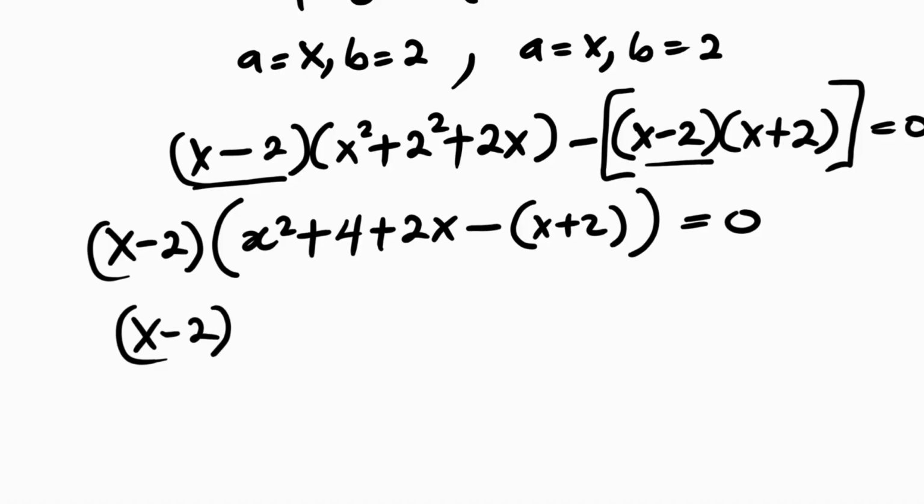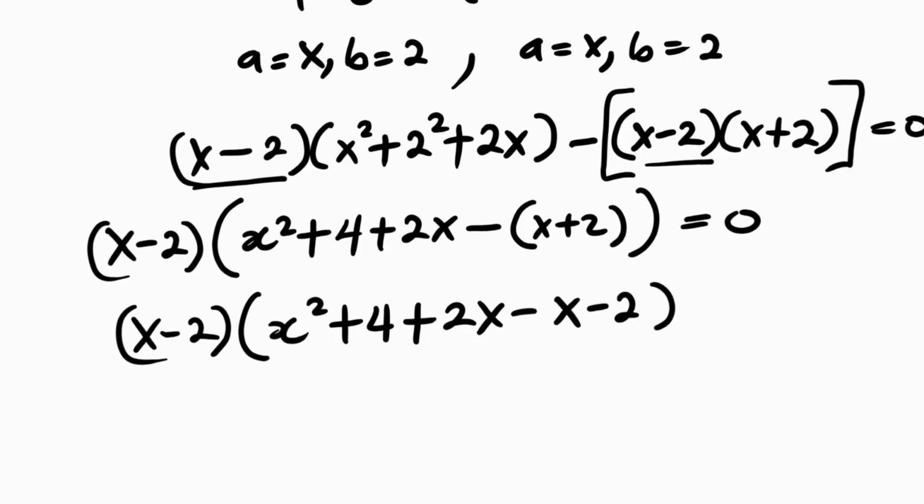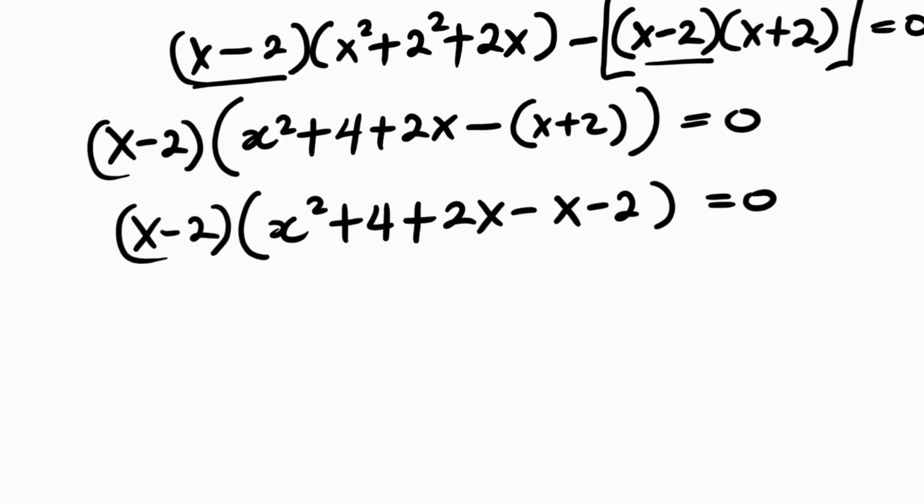So we have (x minus 2) bracket x^2 plus 4 plus 2x minus x minus 2 equals 0.